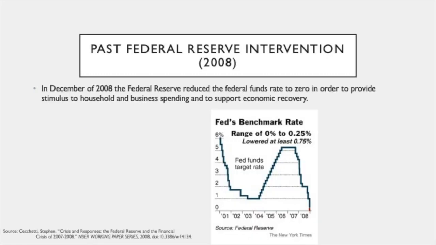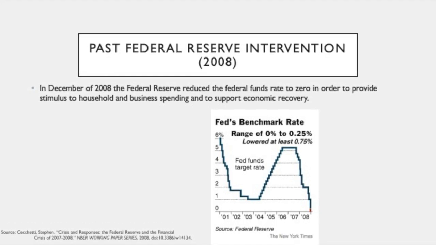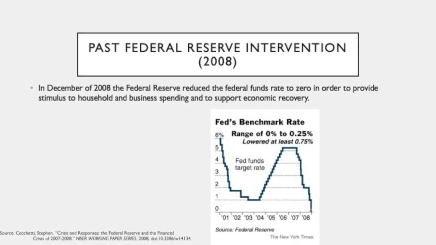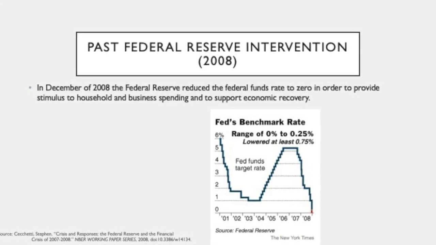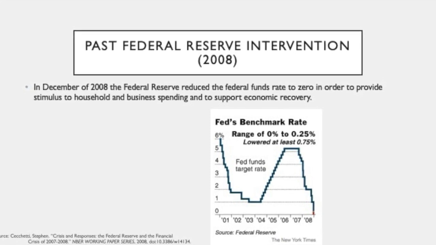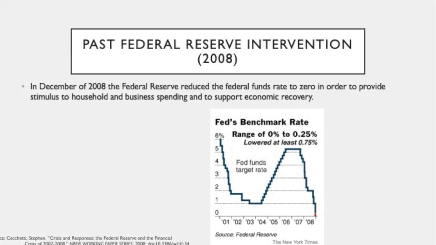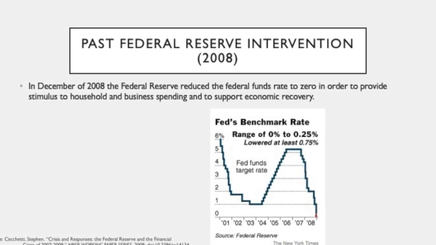So I wanted to see how the Federal Reserve's monetary policy affected saving and consumption in 2008 when they decided to cut rates. It says right here, in December 2008, the Federal Reserve reduced the federal funds rate to zero in order to provide stimulus to household and business spending and to support economic recovery.